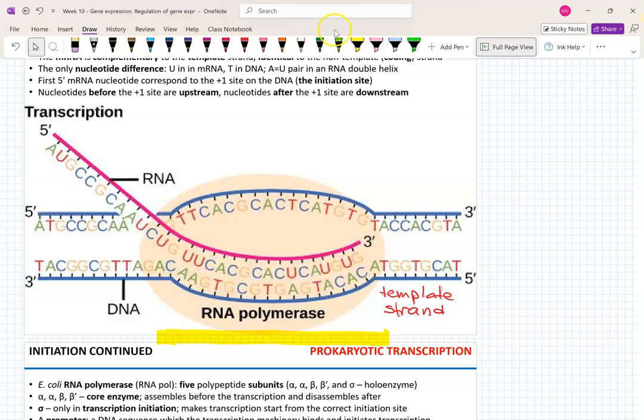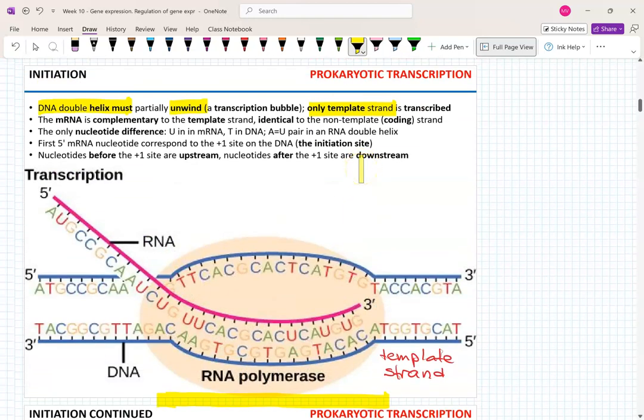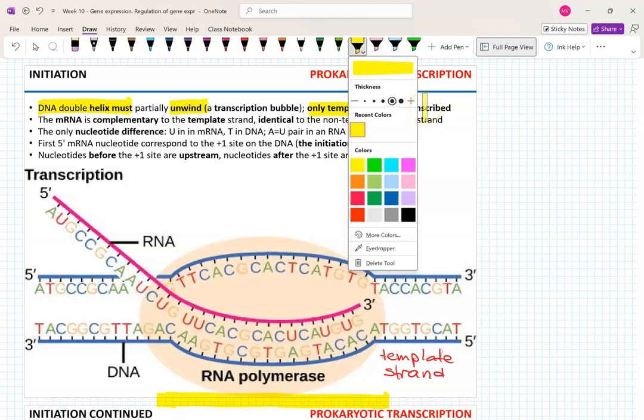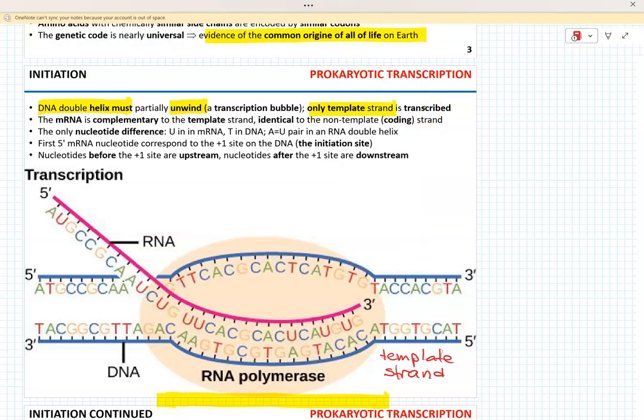It means that the mRNA molecule is complementary to the template strand. But the other strand, which is complementary to the template strand, is the top one, the coding or non-template strand. So again, the sequence of the mRNA molecule is the same as the sequence of the coding or non-template strand.